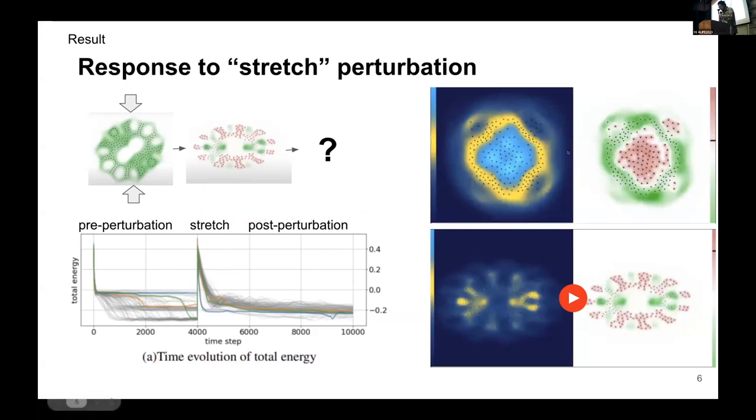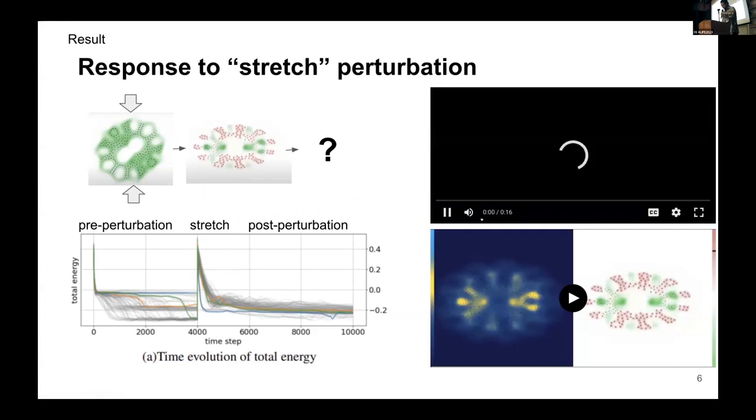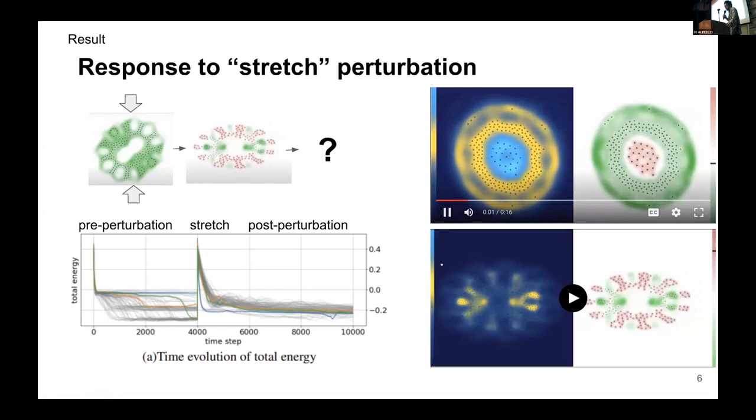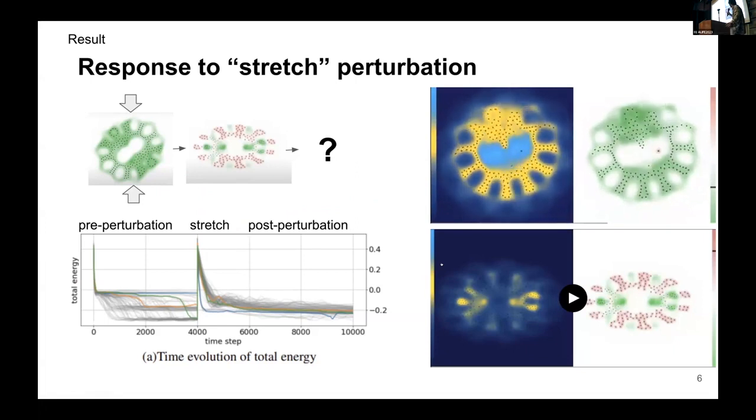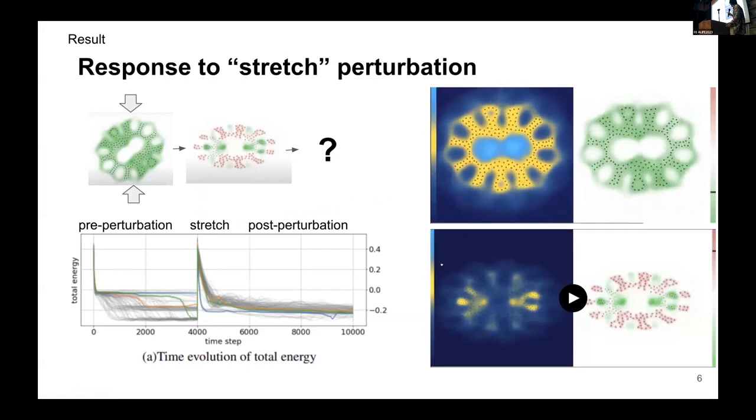For example, this is a movie of the pre-perturbation. Decreasing the total energy, we get the stable pattern, right? Like this.